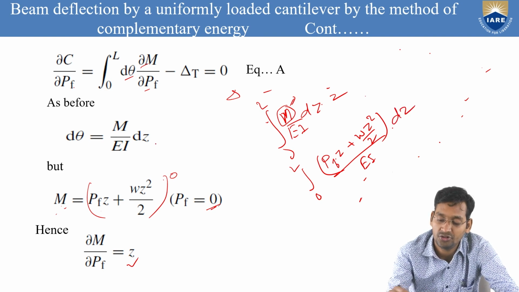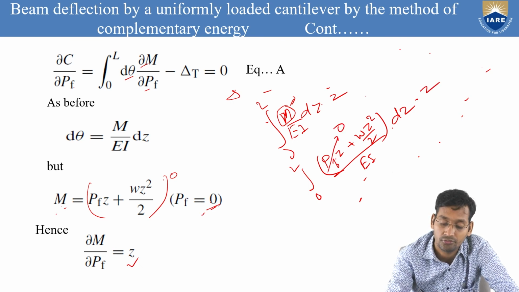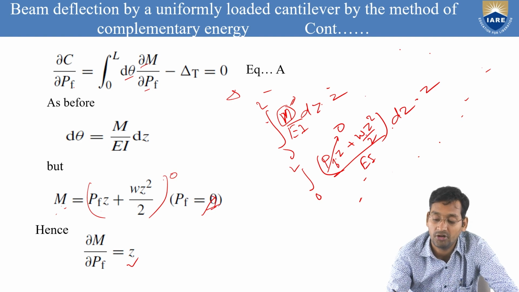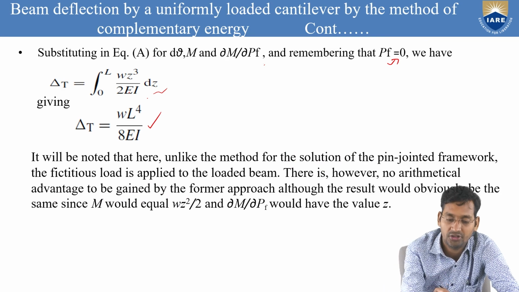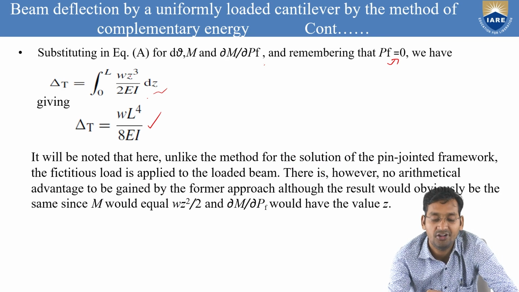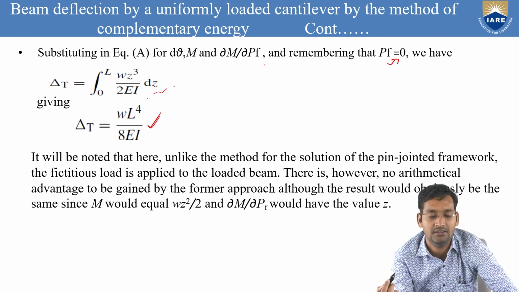This is for theta. Now what we got? This ∂M/∂PF is 0. So now here you have to put this 0. Earlier also I explained. Now what we have? wz³ by 2EI, that we got here. wz³ by 2EI. After integrating and substituting the limit, what you will get? wL⁴ by 8EI.